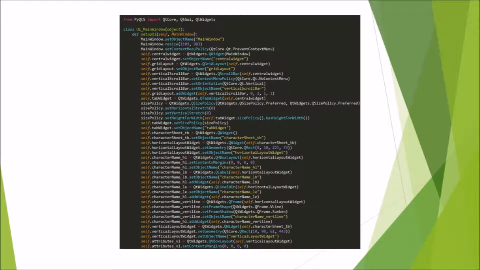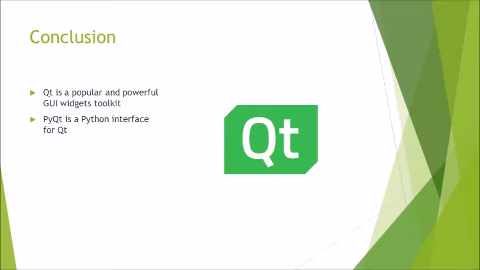And so that's a really powerful core part of why Qt is so popular and easy to use, because of being able to export. And exporting this takes one command in your command line, and then you just have to have the right imports at the top of your program, and it will work just fine.